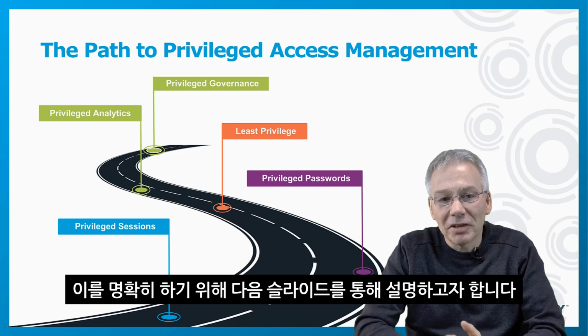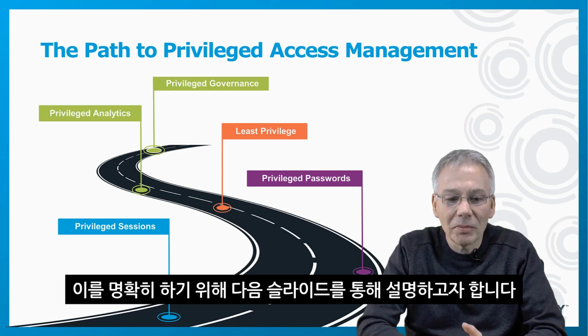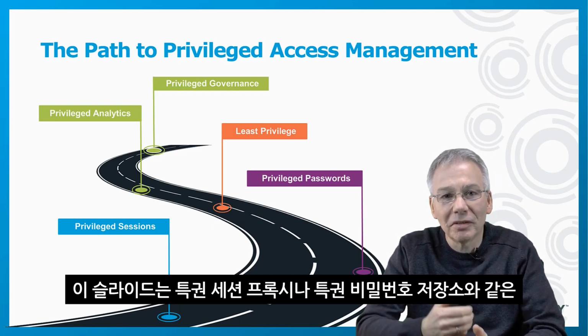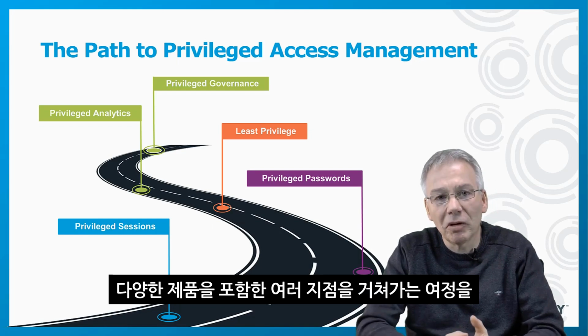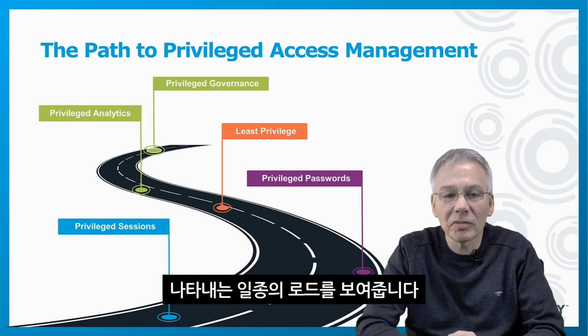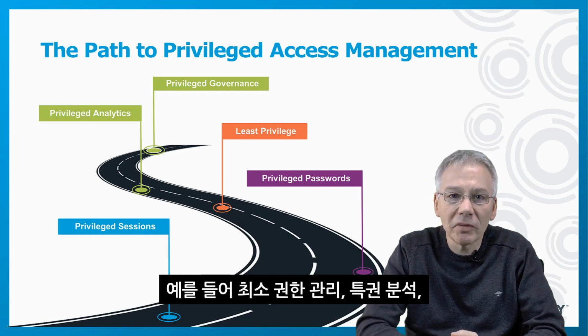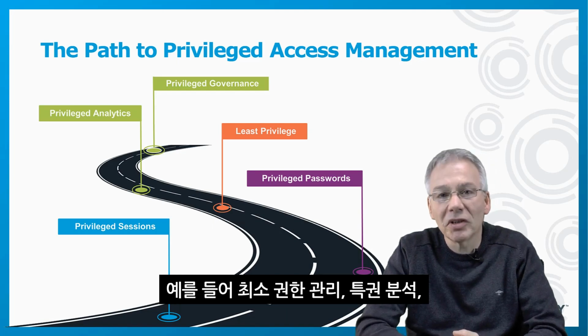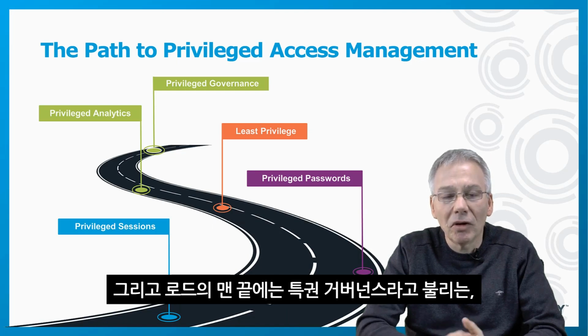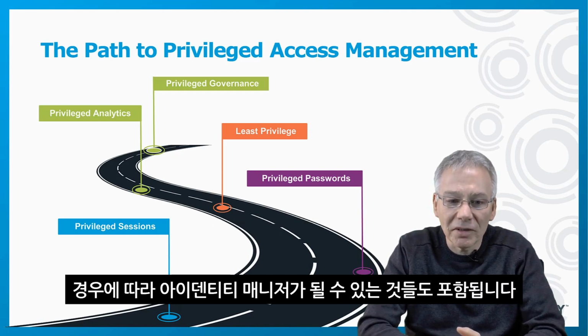The following slide shows a road that ticks off various points in products, like our privileged session proxy, our privileged password vault, and additional things from our portfolio, like least privilege management, privileged analytics, and on the far other end of that road, maybe something called privileged governance, which in our case is the identity manager.